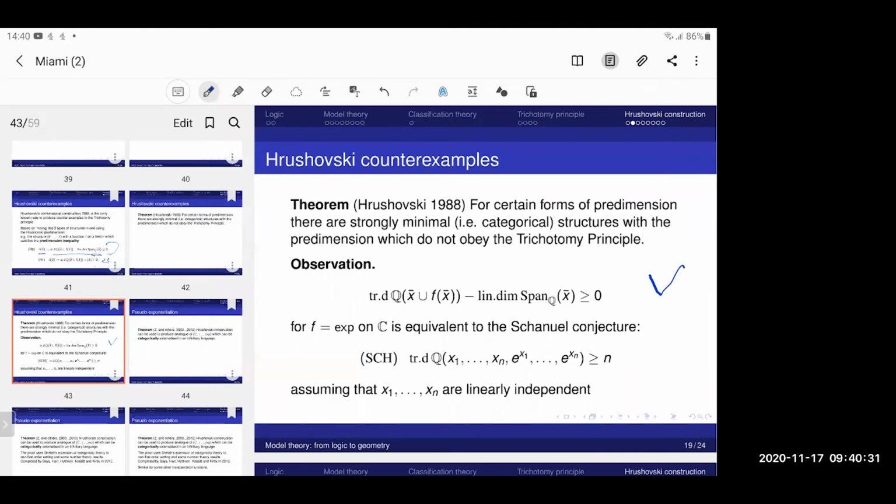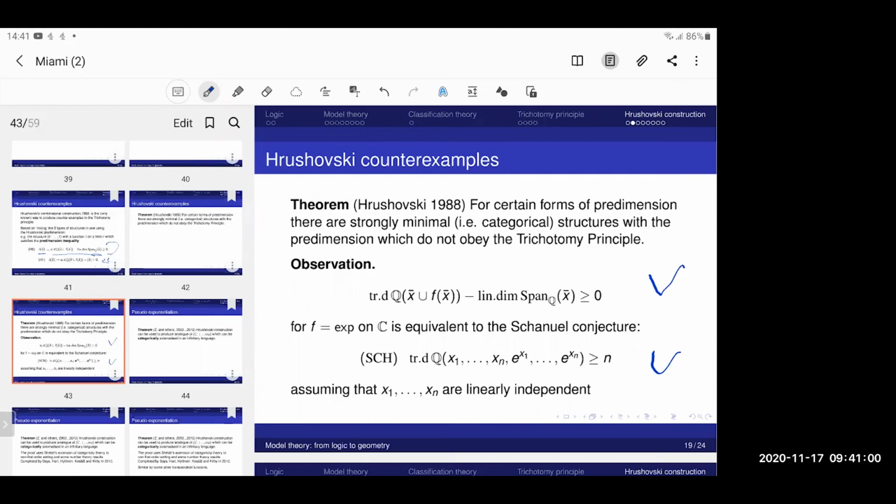So this inequality is equivalent to this inequality: the transcendence degree of the field generated by n linearly independent elements together with the exponents is at least n.